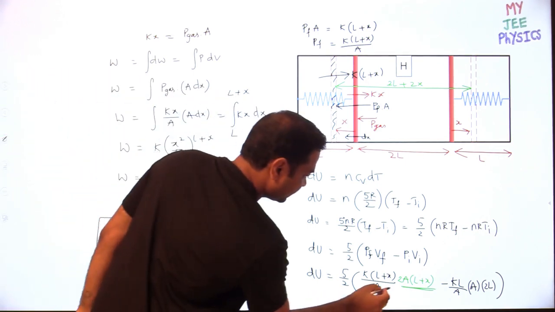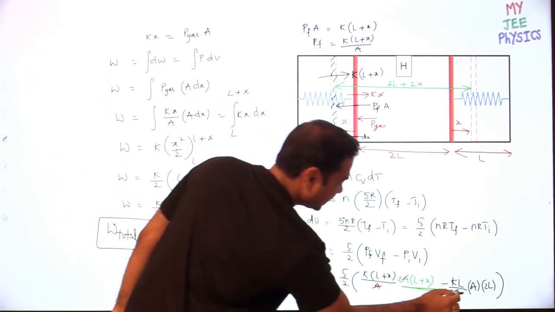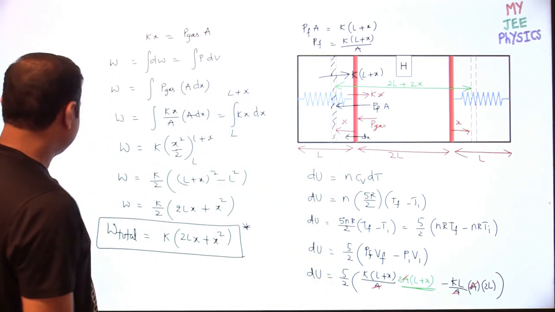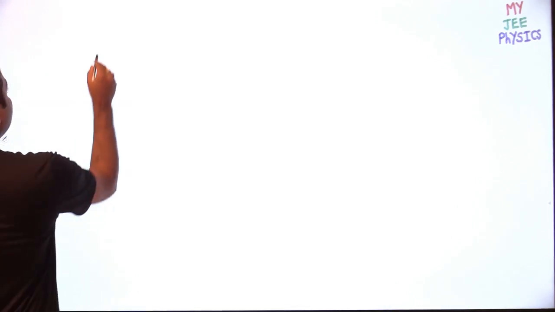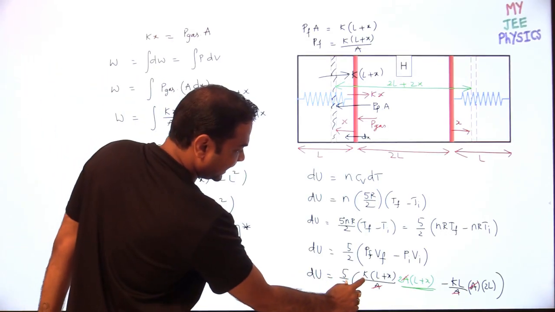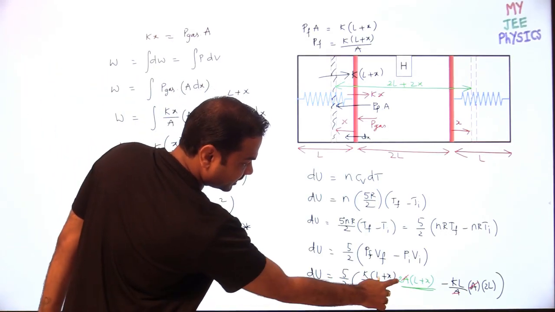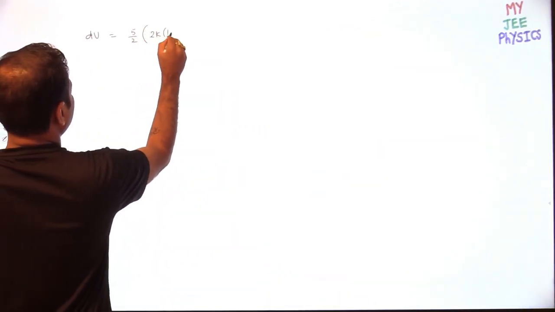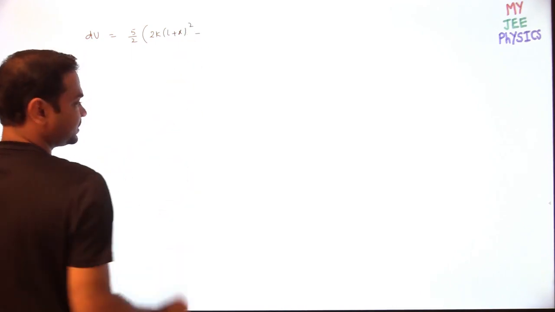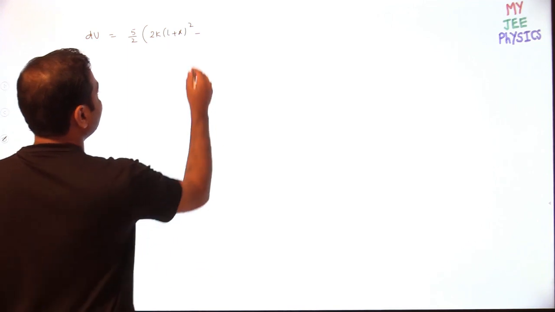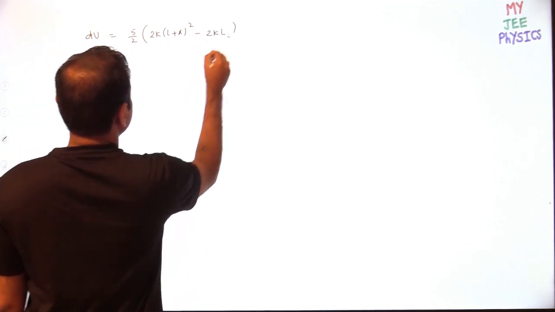So I can cancel A and A. Here also A I can cancel out. So finally, what is the du value I'll get? du is equal to 5 by 2 into 2K into (L plus x) whole square minus, here KL into 2L is there, so I can write 2K L square.